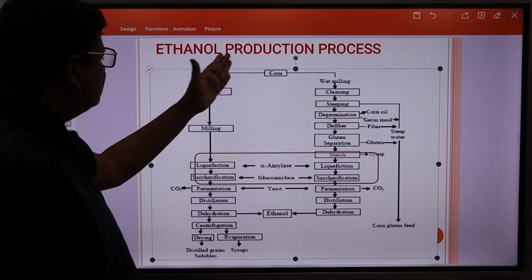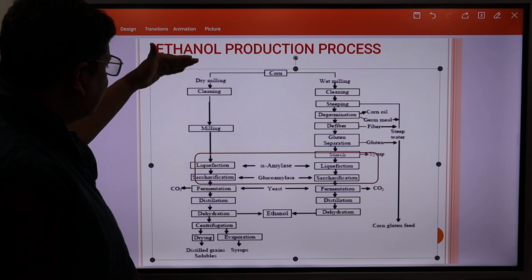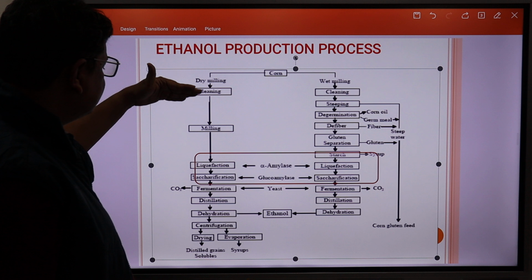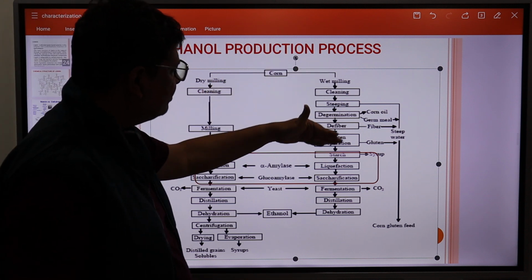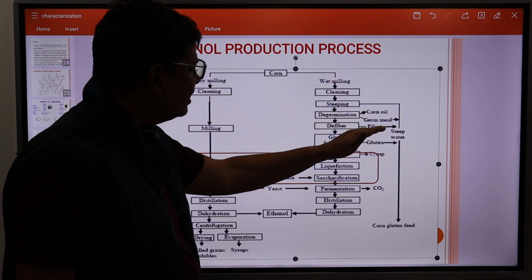Basically, you take the corn feedstock and follow this protocol by dry milling or wet milling. You clean it, then mill it. Wet milling is a somewhat exhausting process: cleaning, steeping, degermination, corn oil, germ meal.